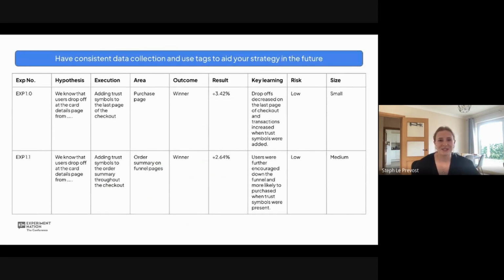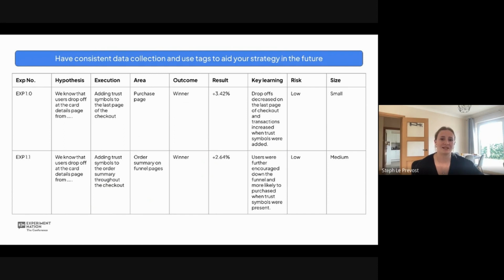And then I'm back on this consistency thing again. So you've got your research, you've stored it in a consistent manner, you've got your hypothesis, you're writing those in a consistent manner, but are you collecting all of that data together and your outcome in a consistent way as well? Because that can aid your future strategy too.